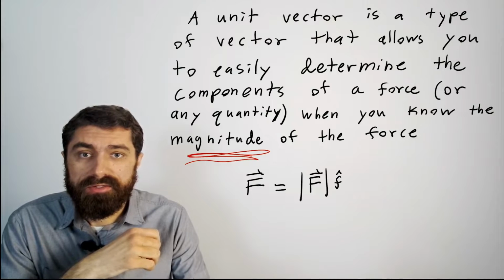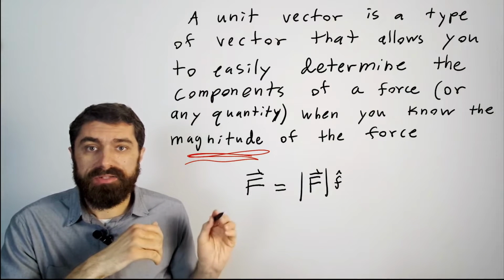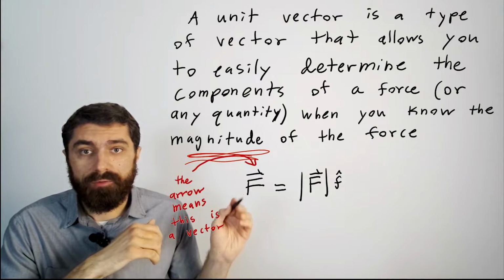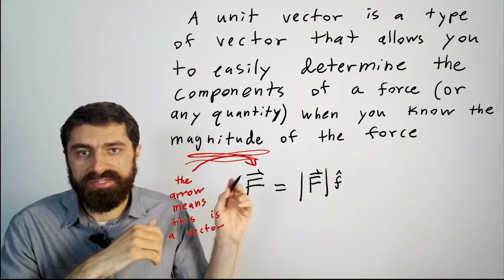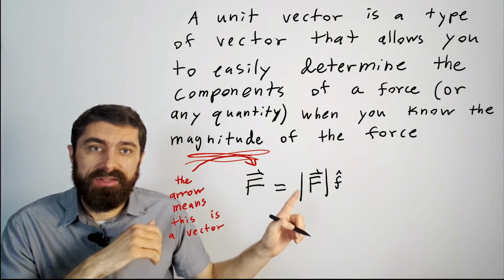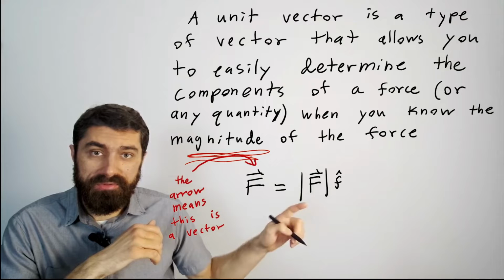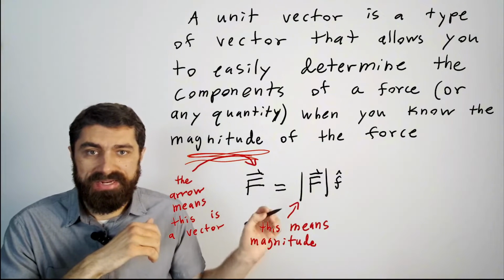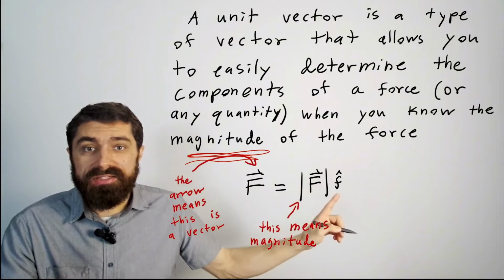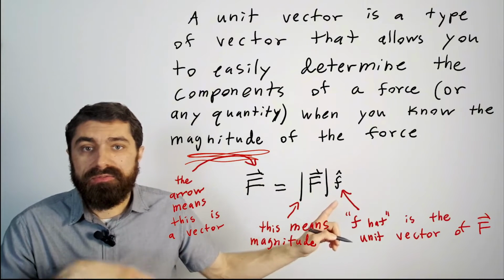So specifically, we can say that a force F, or a vector F, this little arrow here indicates a vector, can be represented in terms of its magnitude. So this means magnitude, these little bars here, and its magnitude times the unit vector here.